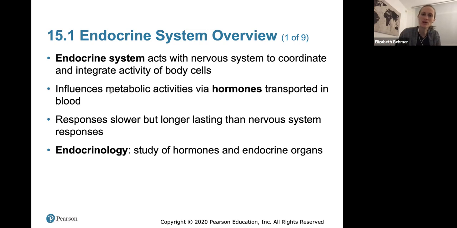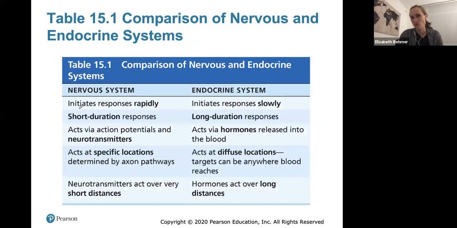Whenever you see the word metabolic, that's the idea of your body taking in some sort of food source and turning it into energy, and that can happen in a variety of your cells. It controls or influences those metabolic activities via hormones, and those are always transported in the blood. The responses in the endocrine system are much slower than your nervous system, but they're longer lasting. Endocrinology is the study of hormones and the endocrine organs.